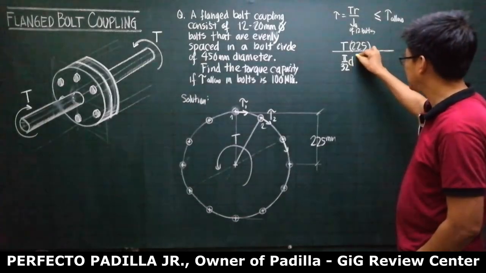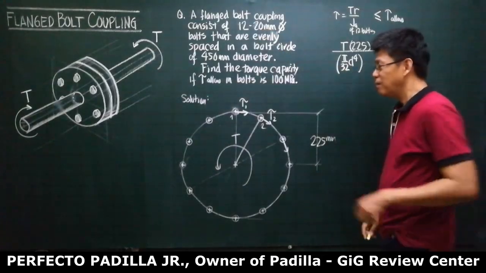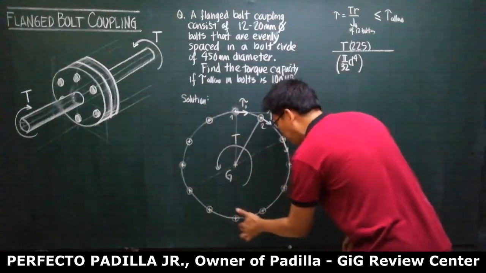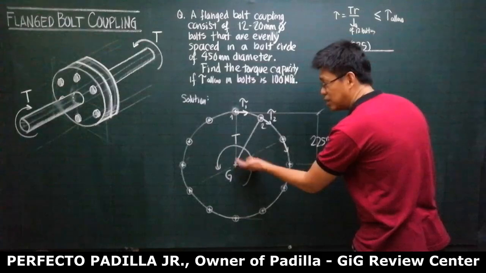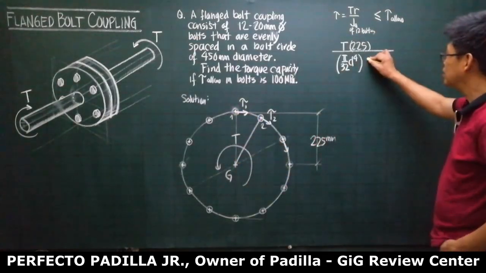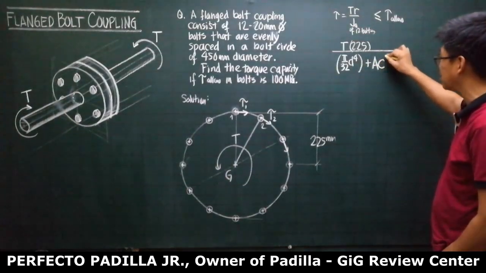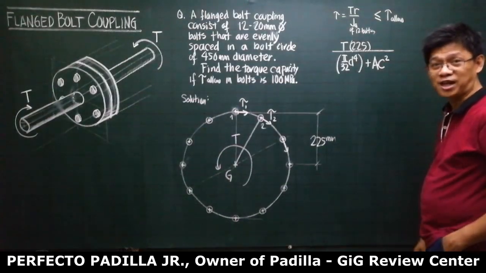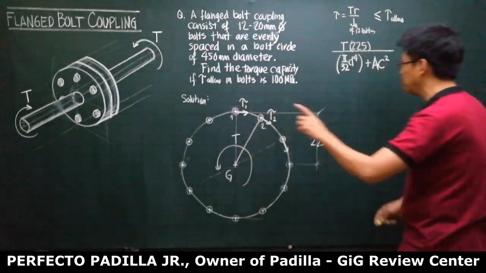So d to the fourth, diameter of bolt, which is 20. But we need the J about the centroid of all the bolts, or we call it the global centroid. So we transfer it from local centroid to global centroid, so plus area times the transfer distance squared. This is the transfer formula for inertia. But this is only for one bolt. And there are 12 of them.